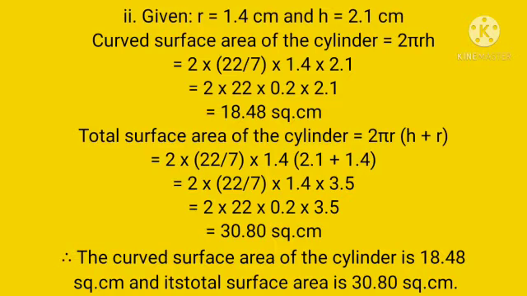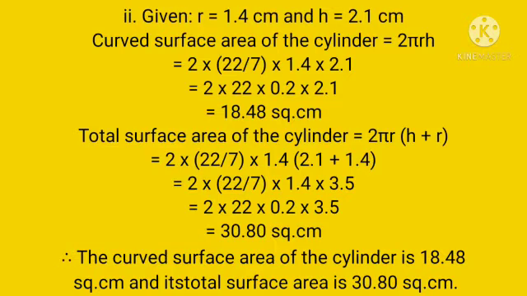Now total surface area of the cylinder is equal to 2 pi r multiplied by h plus r. Let us substitute the values. So we get 2 multiplied by value of pi 22 upon 7 multiplied by 1.4 into 2.1 plus 1.4. The sum of 2.1 and 1.4 is 3.5.